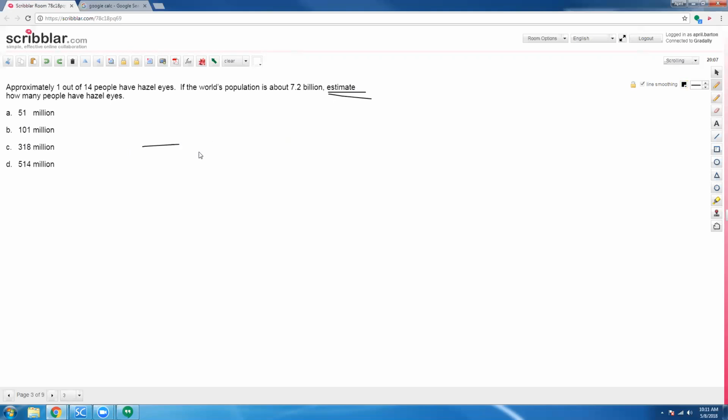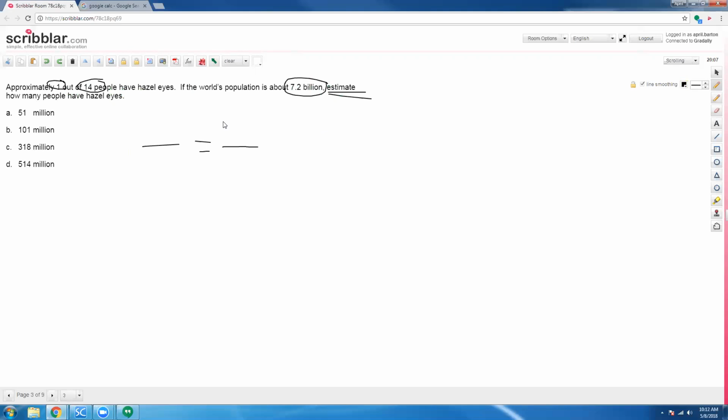So now we need to set up our proportion. What should we put first? From our key information, we have the 1, the 14, and the world's population. Okay, so one person said 7.2. When you start, you can actually start with whatever you want. So one person said 7.2, one person said 1.